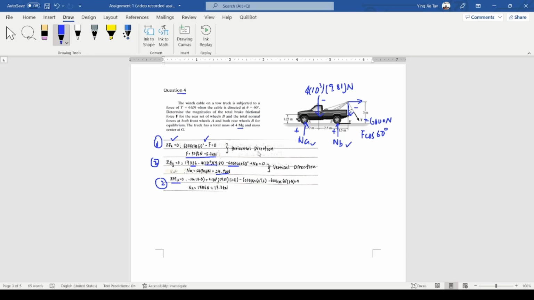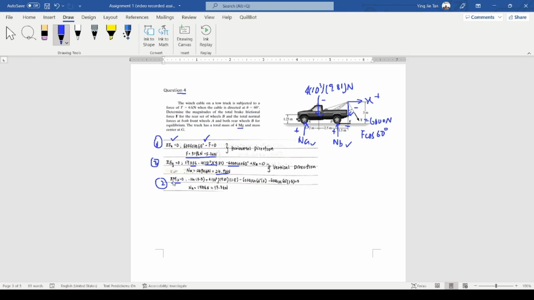In the horizontal direction, you will see that you have a resultant force to here, which is positive, and then the opposite will be written as negative. So your formula will be this one, and after you use your math method, you will get your force equals 5.2 kN.